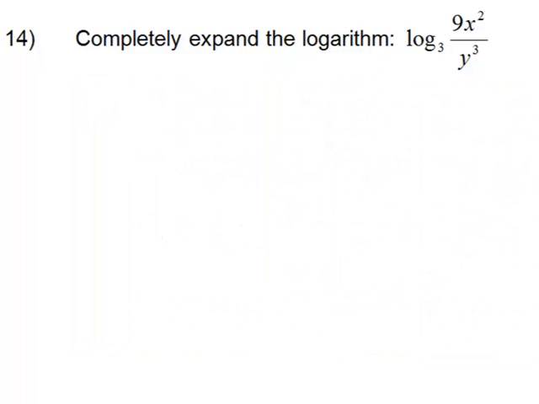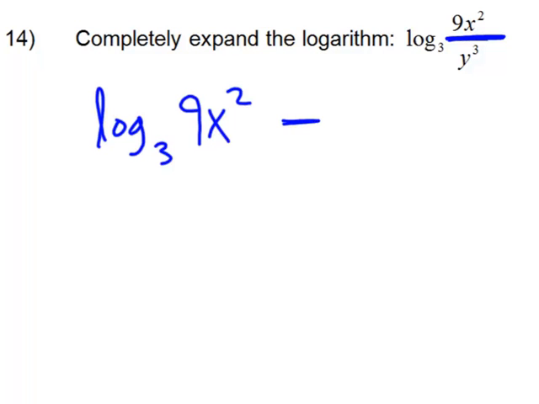All right, so log base 3 of 9x squared over y cubed. The first thing I think tends to jump out at students is this quotient right here, this division. So we could say that's log base 3 of the 9x squared, and the way that the quotient property works is it says that division turns into subtraction of logarithms. So that's minus log base 3 of y cubed.